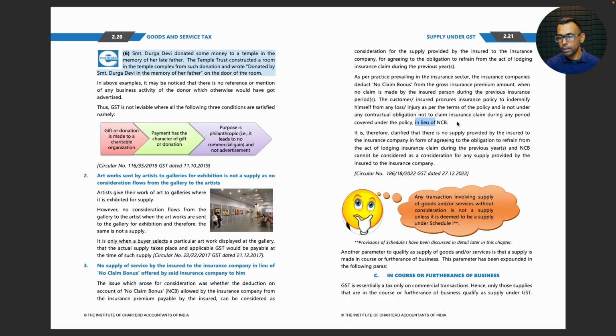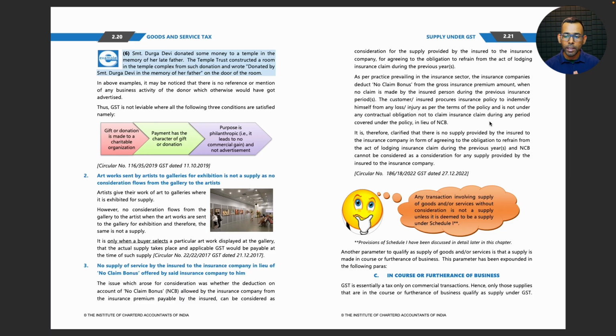Now let me read the same thing in my own way of explanation. The customer procures an insurance policy to indemnify himself from any loss and is not under any contractual obligation not to claim insurance during any period covered under the policy regarding no claim bonus. So, I take an insurance policy.